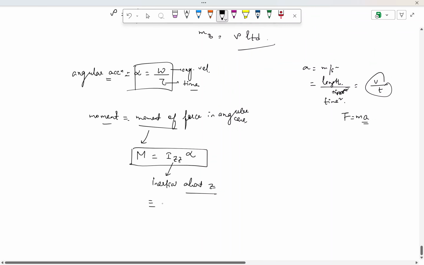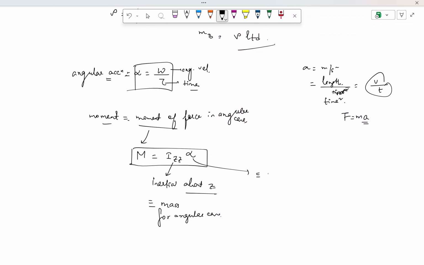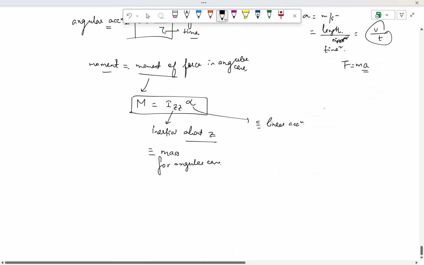In the angular sense, inertia is equivalent to mass, and alpha is angular acceleration, which is equivalent, not equal, to linear acceleration. So like you have F equal to ma, similarly the moment M equal to Izz into alpha. Now what is Izz?